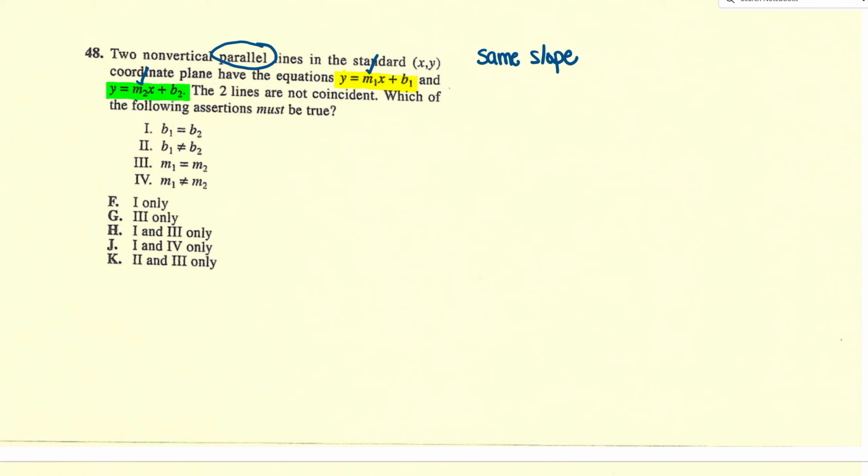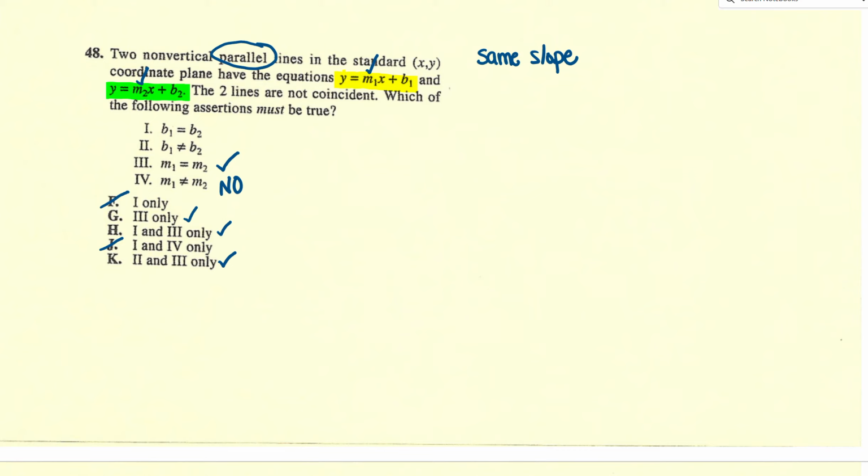Because we're parallel, they have to be the same. That means yes for Roman numeral 3 and no for Roman numeral 4. So if it helps you could start to eliminate some of your answers. I know that 3 has to be true. So it is going to have to be G, H, or J. So that kind of helps us.